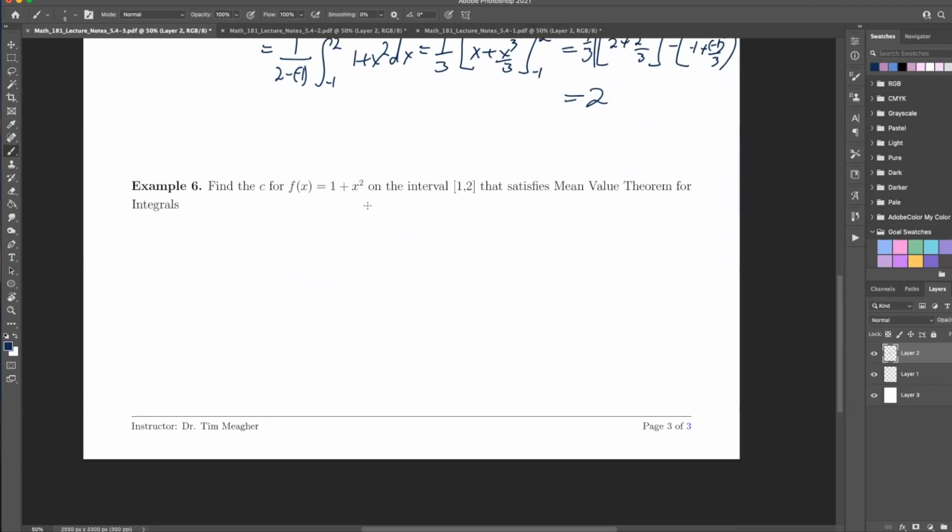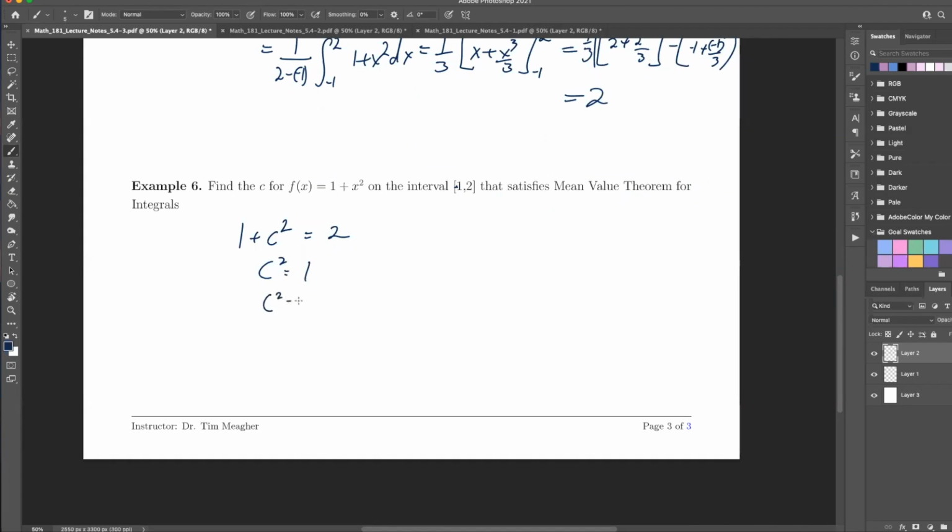All right, so find a C for which the interval satisfies this. And so we want to find some C which satisfies this. So here I have 1 plus C squared is equal to 2. And that should occur within the interval. And so here I have C squared is equal to 1.